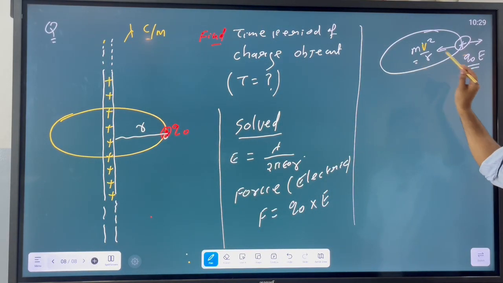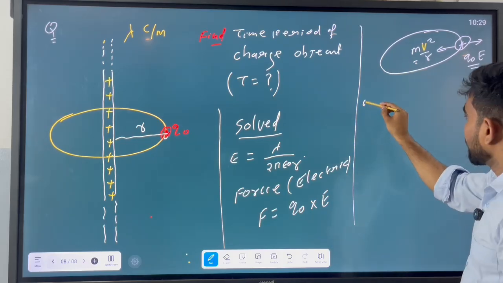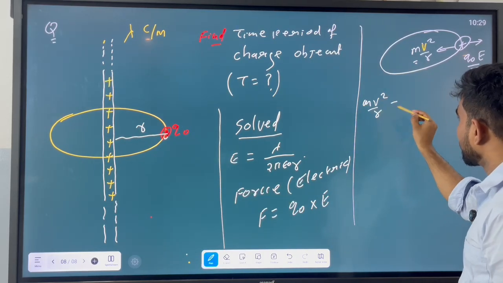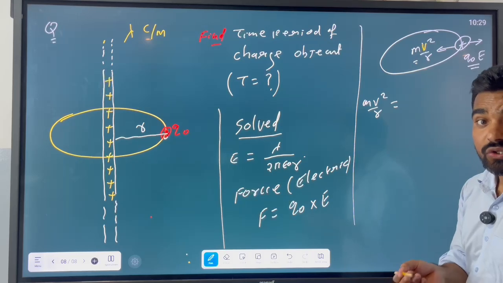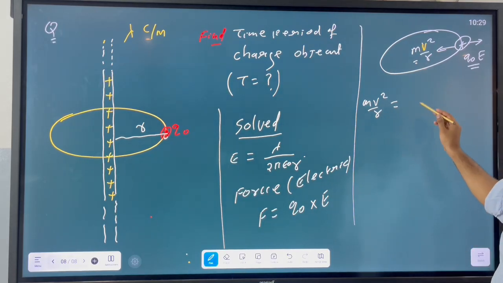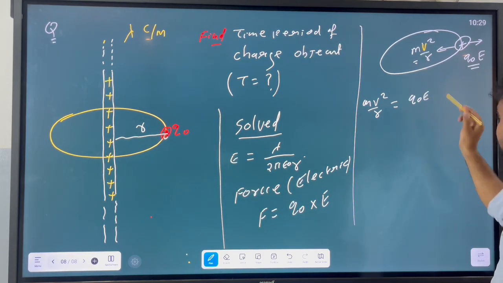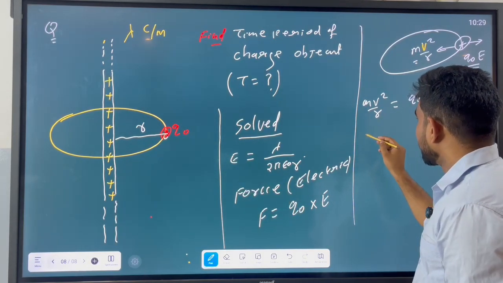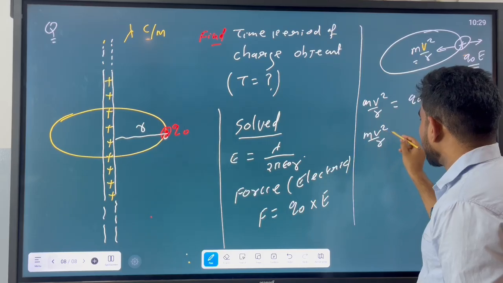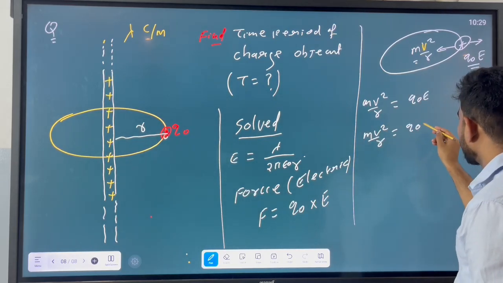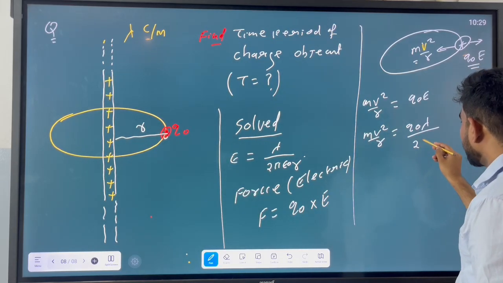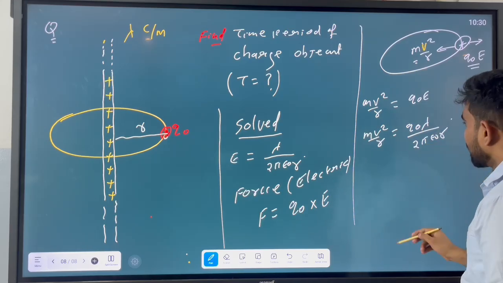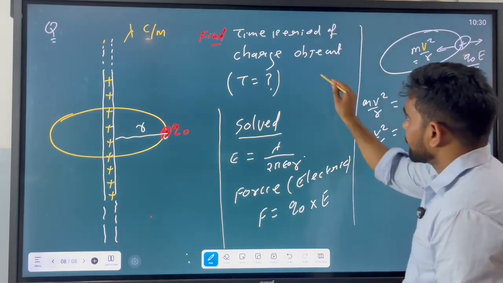So m v square divided by r equal to q naught times E, and putting the value of E, m v square divided by r equal to q naught lambda divided by 2 pi epsilon naught r, and r cancels out.